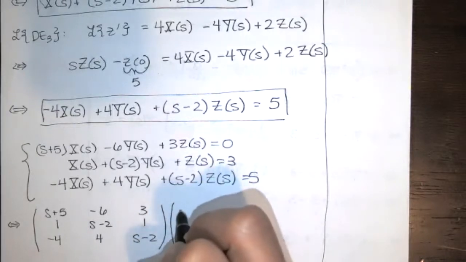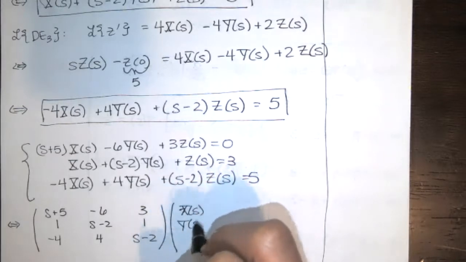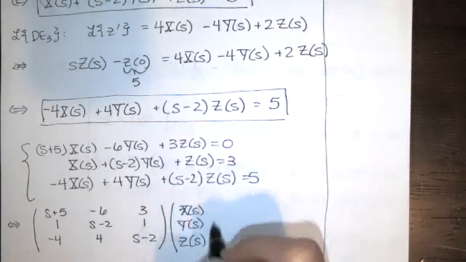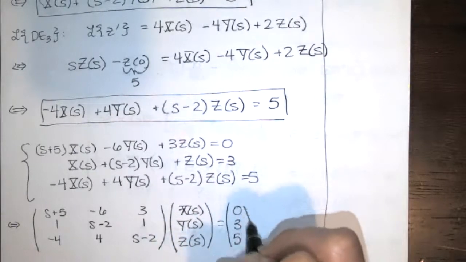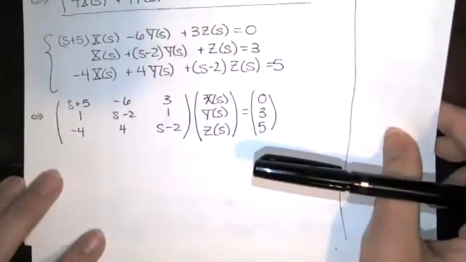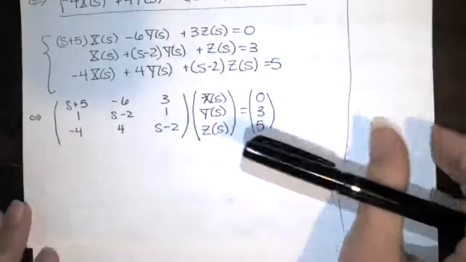That's being multiplied by x of s, y of s, and z of s. And that equals this right-hand side of 0, 3, and 5. Well, we can solve for x of s, y of s, and z of s by using Cramer's rule.